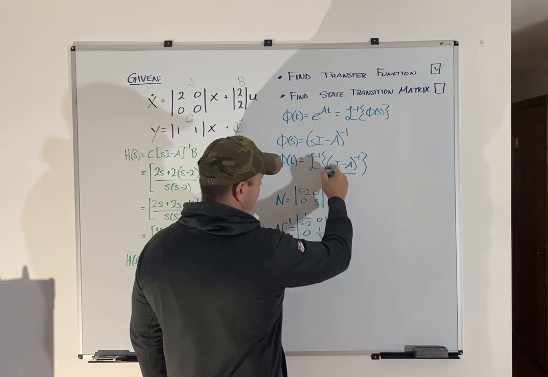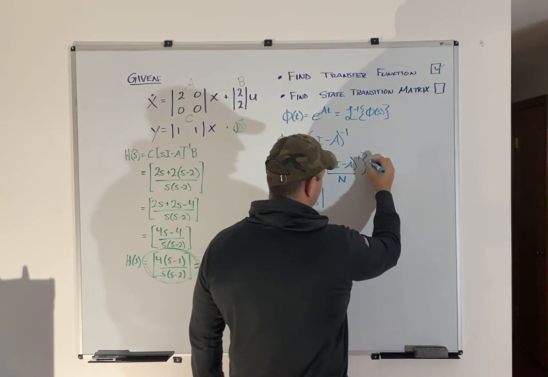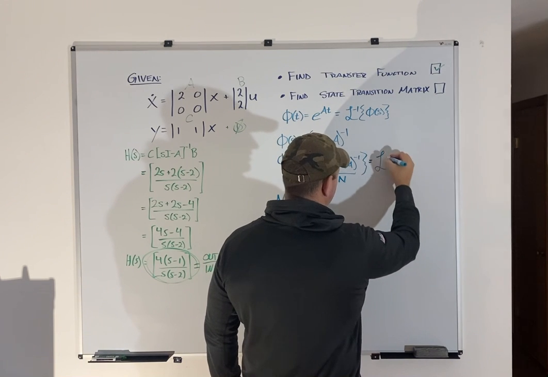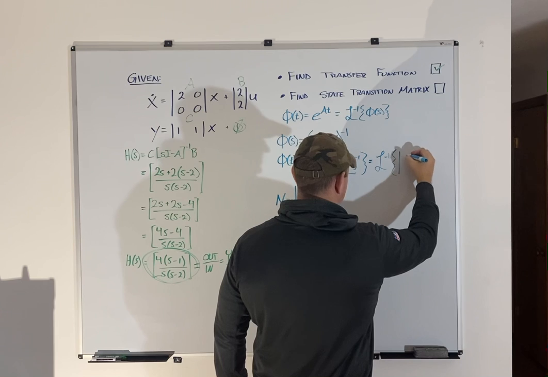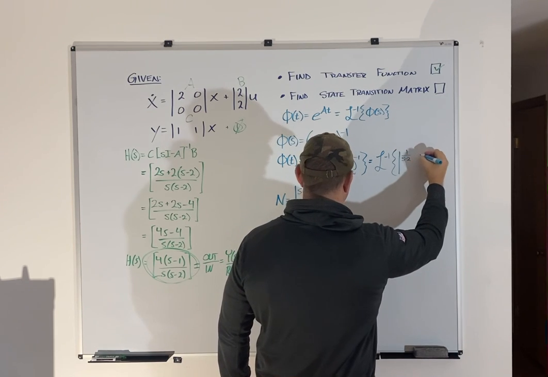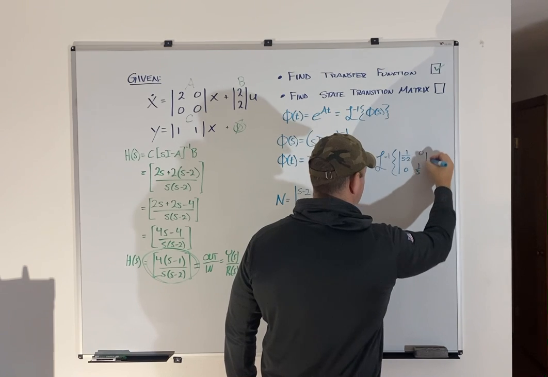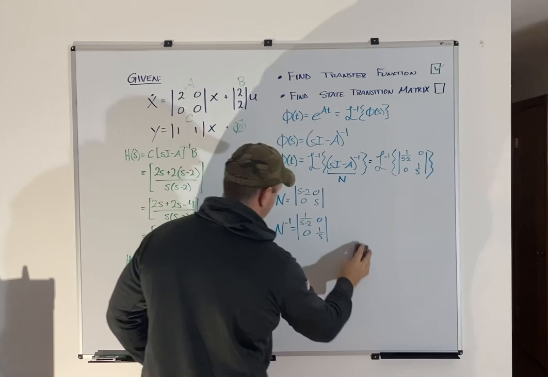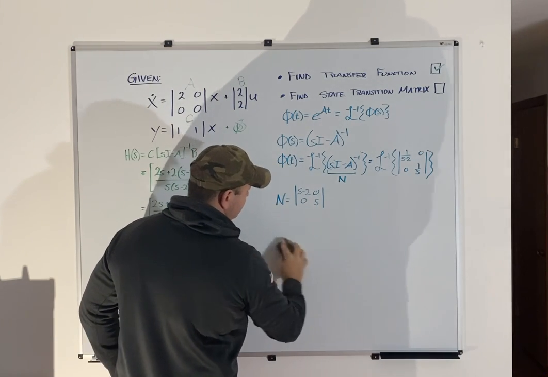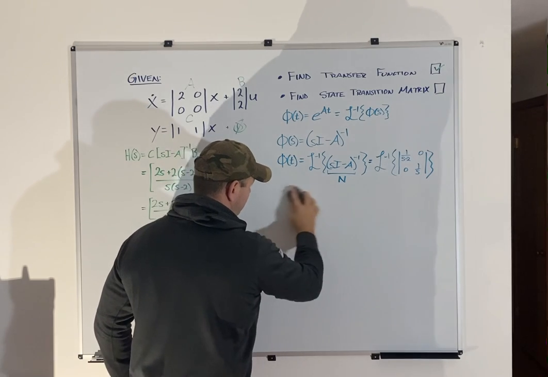This whole thing inside of these squiggly brackets is N inverse, which is right here. So this is telling me that I need the inverse Laplace of a matrix that is 1 over s minus 2, 0, 0, 1 over s. We can get rid of this. We know N inverse, we know N. We don't need N anymore.